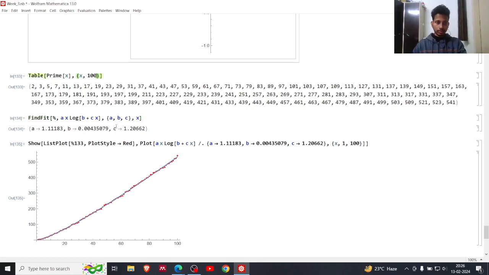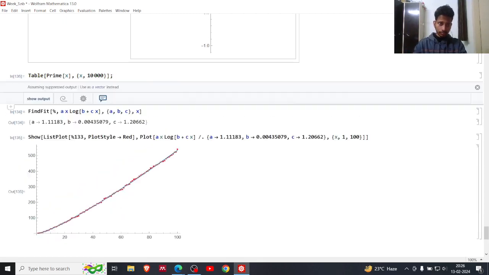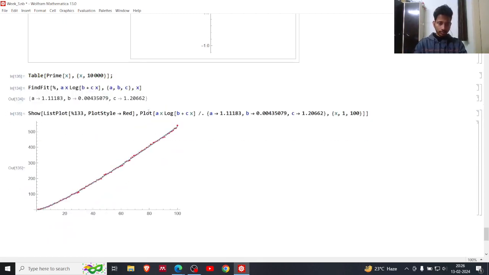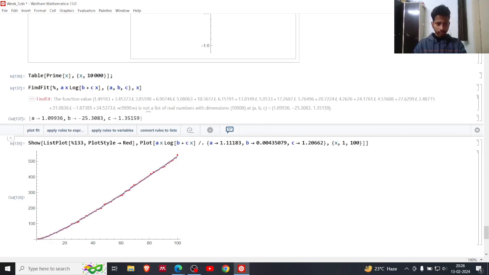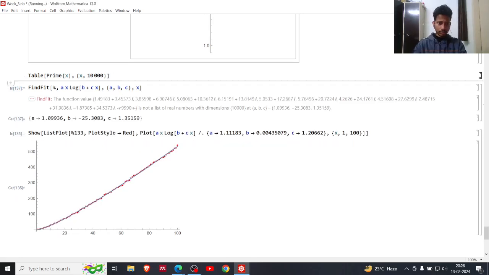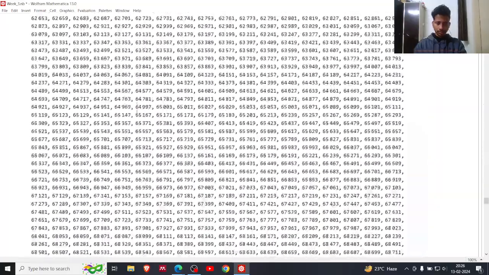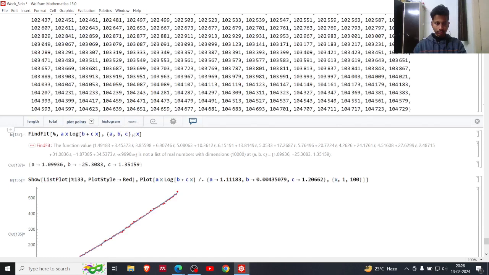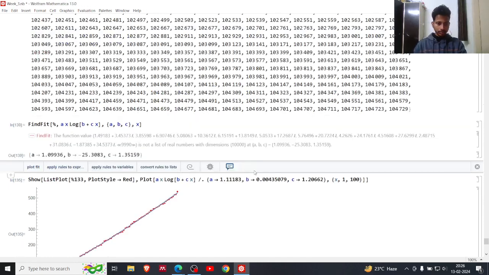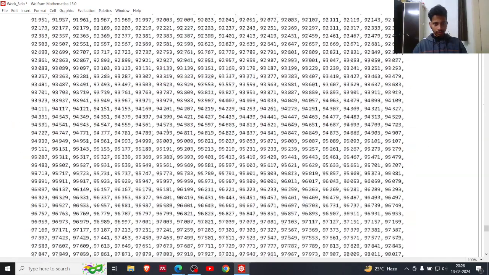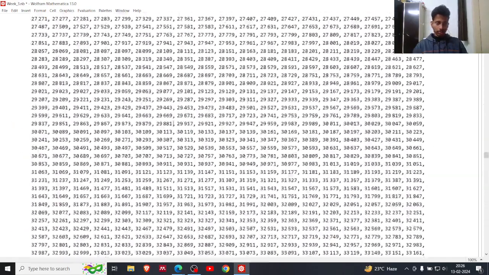Now let's do another thing. Okay, so this is insanely large. So here you can see using this the value is changing, b has changed, so this is a bad idea to use 10,000.